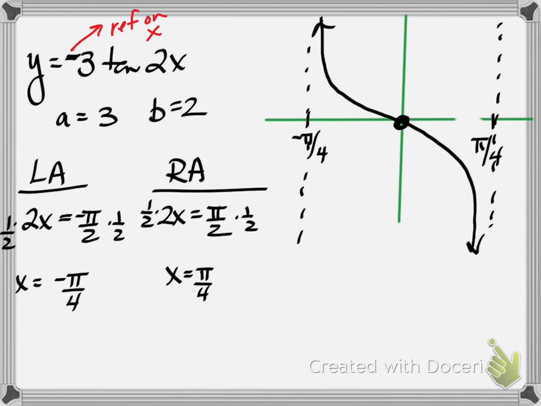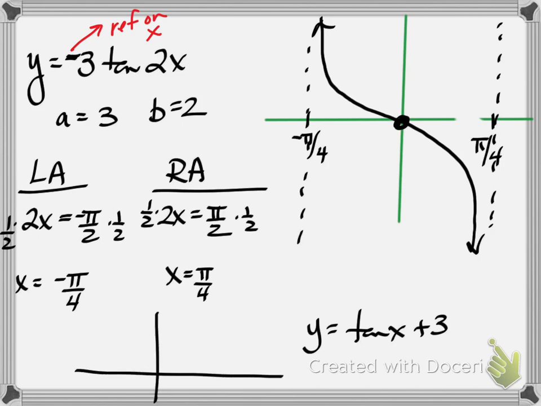And that is all we are talking about today with tangent. Although I do think they would have some midline shifts for you, but I don't see any. If there happened to be a midline shift, then that would just shift the midline up just like it did for sine and cosine.